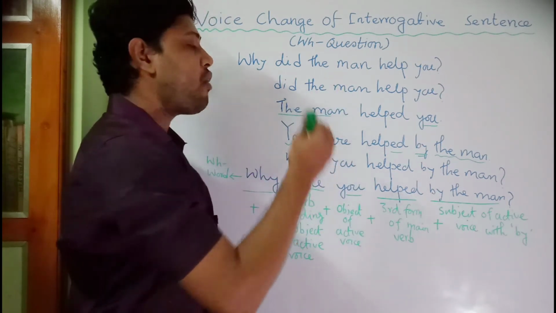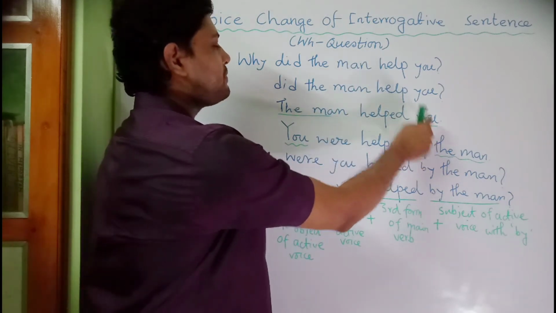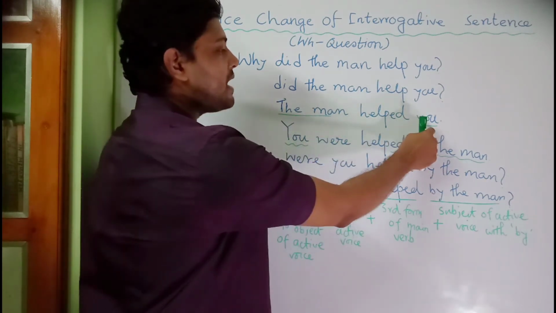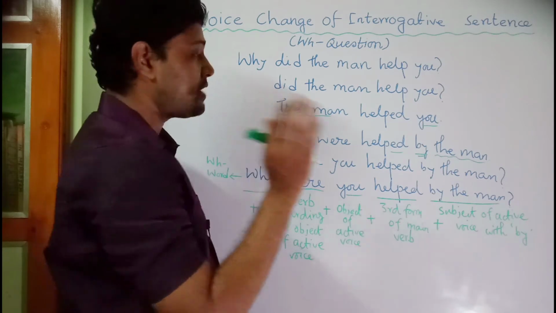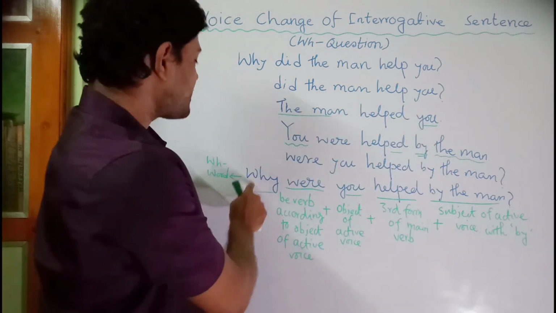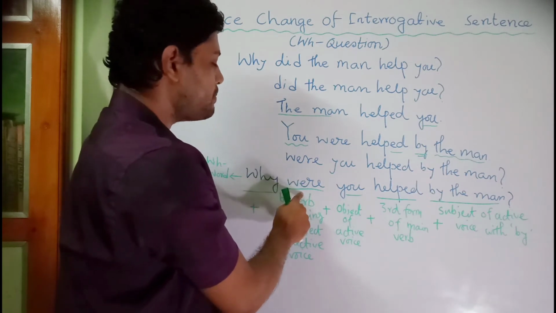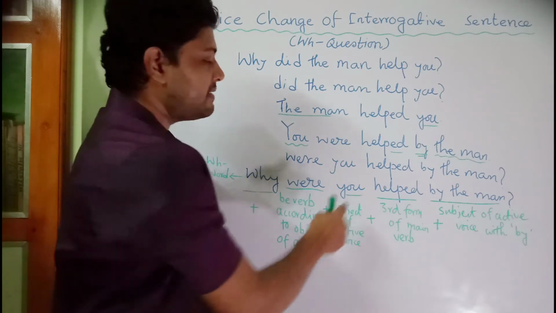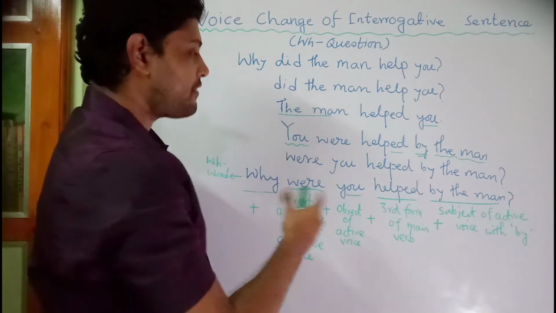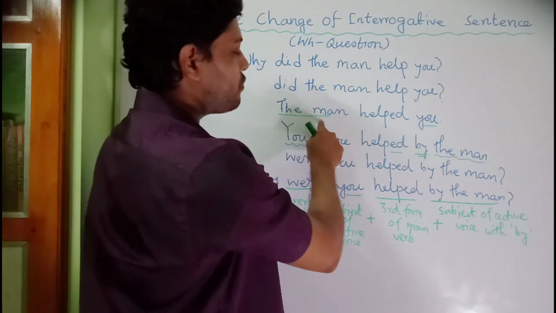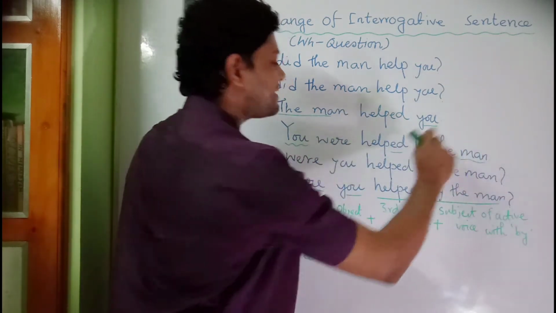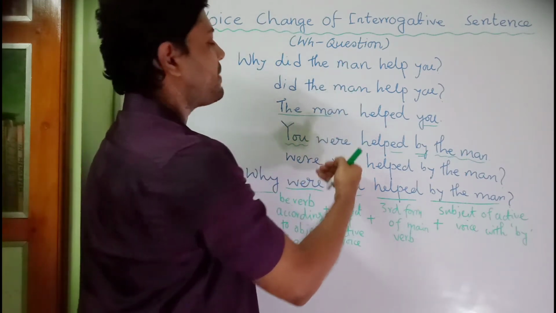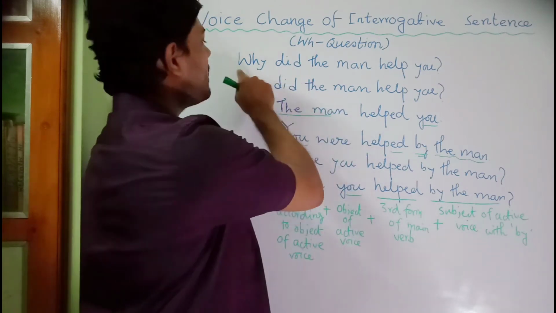Subject of the passive voice means object of the active voice. So first comes the WH word, then the be verb. After that we have to write down the object. Clear? Then the third form of the verb, and after that subject of the active voice will come with by at the end, and then there is the question mark.